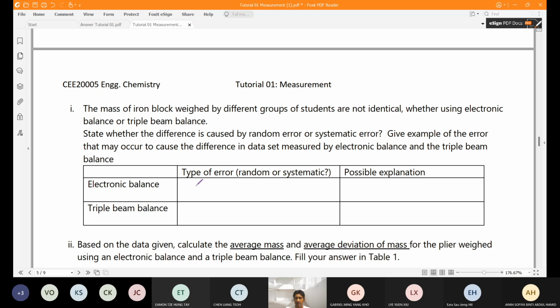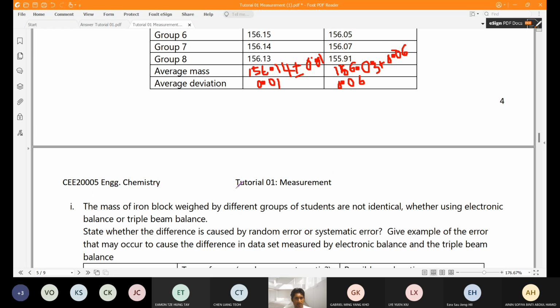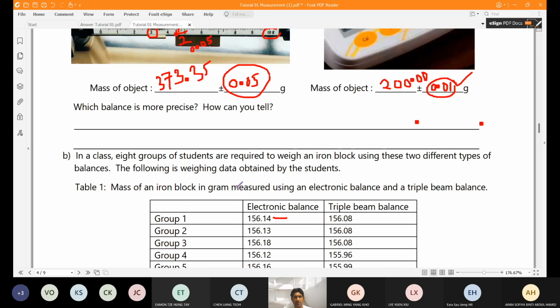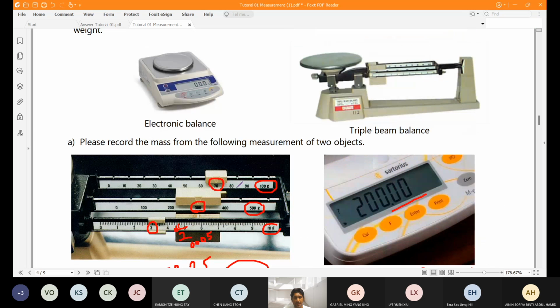Could we have systematic error that we could have rectified by using many different types of experiment? Could we have? Anybody, what is your guess? What type of error did we have for the electronic balance, systematic or random?